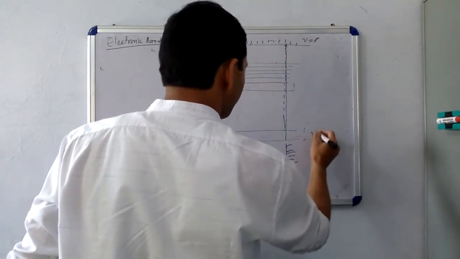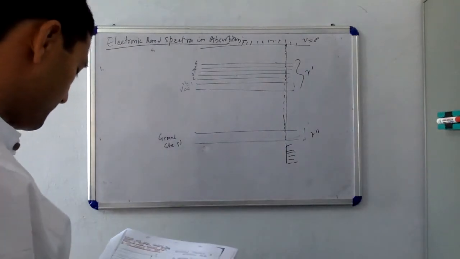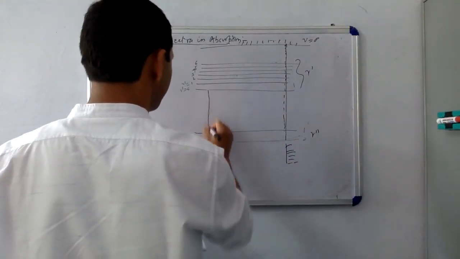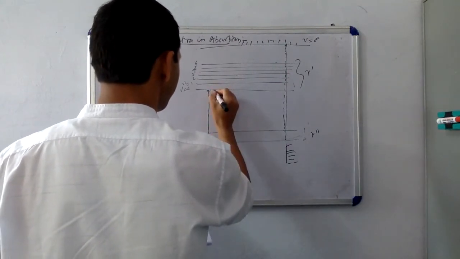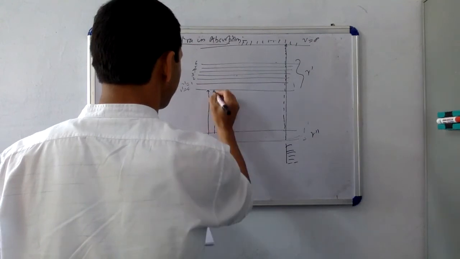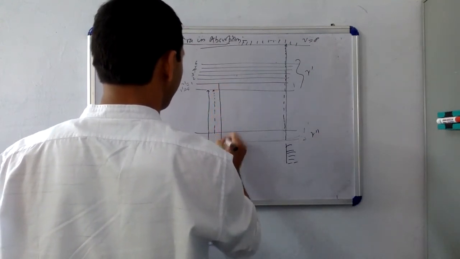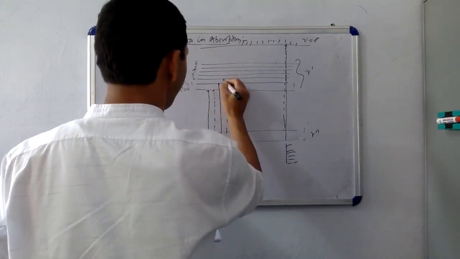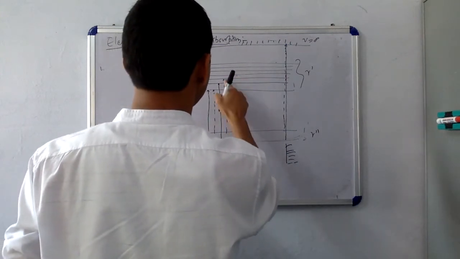These are the nu double prime, and these are the nu prime. So the transition is taking place from here. I'm drawing it with a solid line. From the first excited state, you have this, then again this transition, then this transition. I will explain why I'm plotting these lines.